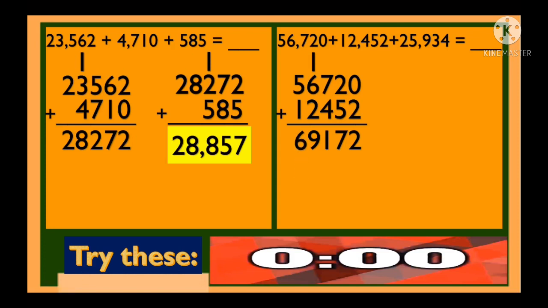Now, this number we will put here, and then we will add the last number. So it will go there: 69,172 plus 25,934. Am I right? Don't forget the symbols.